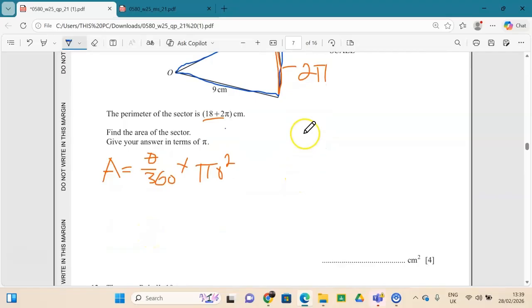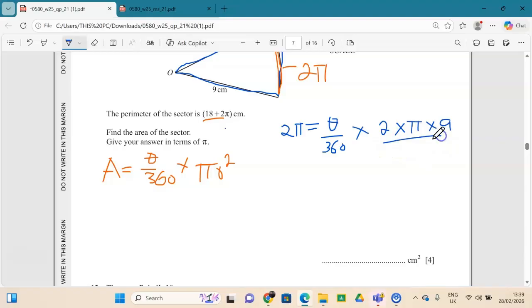Now let's use the length of an arc. Remember that this is our length of an arc. Instead of writing L, we already know the value to be 2 pi. The length of our arc is 2 pi, and the formula for the length of an arc is theta over 360 times 2 times pi times our r, which is 9.